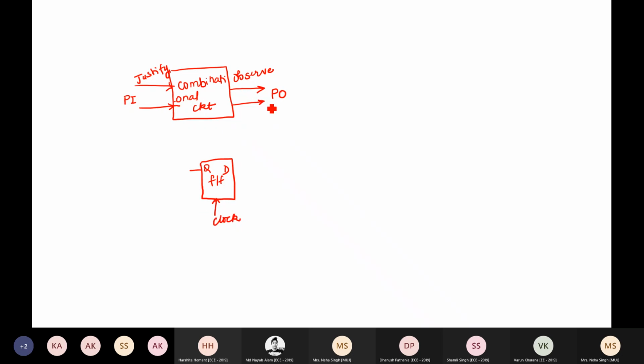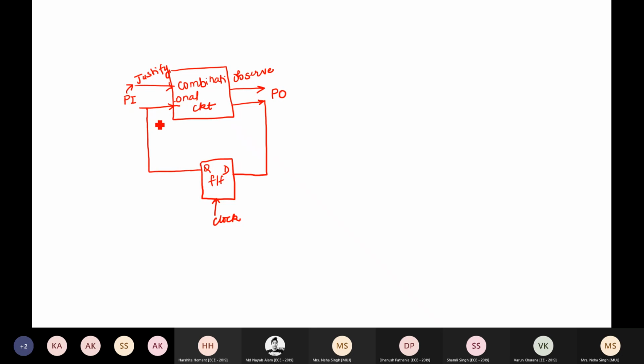So the output of the combinational circuit is used as input to your D flip-flop, and the output of this D flip-flop is considered as one of the inputs to the combinational circuit, right? So if I look at this circuit now, in the combinational part, I have only this as PI, this line as PI. This is the input to the combinational circuit which I obtained from the flip-flop.